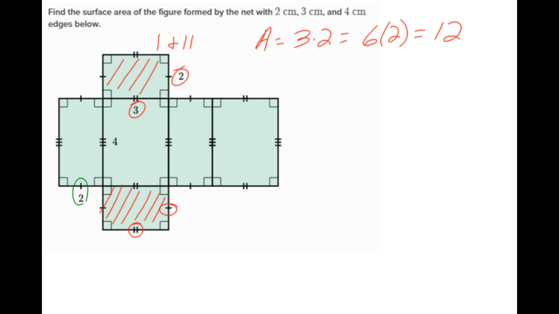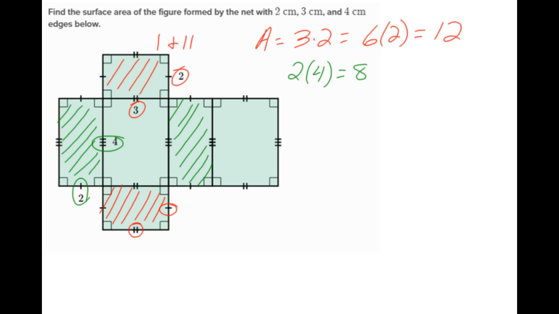This is a 2, and this is 4, so this is a 2 by 4, and this one is also 2 by 4. So a 2 by 4 is an area of 8, and I have 2 of those, so that gives me 16.